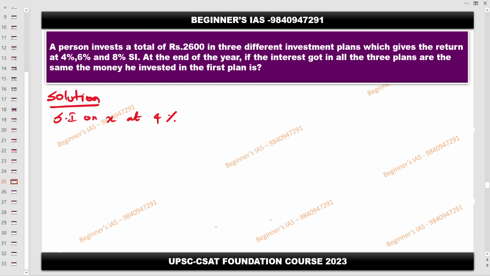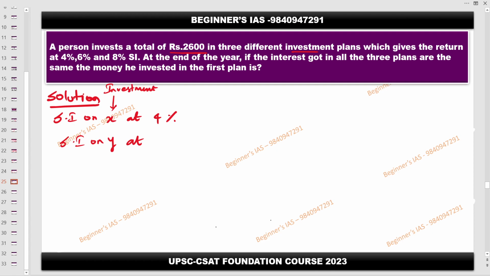Three different investments, right? Listen carefully. A person invests a total, so this is the total only, in three different investments. So simple interest on this much investment at 4%, then simple interest on this much investment.